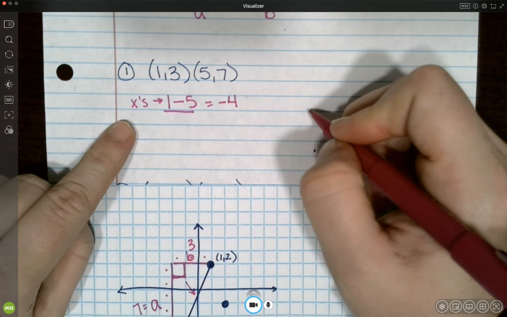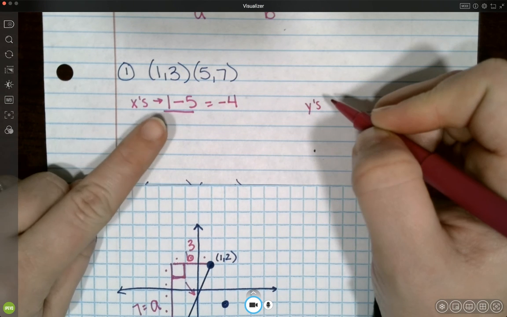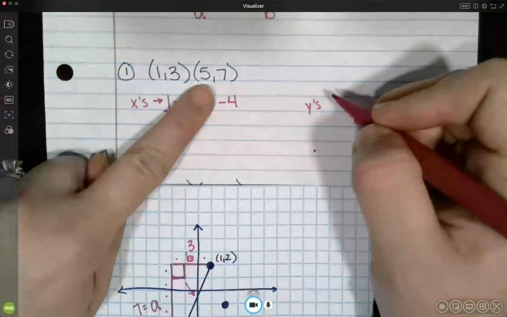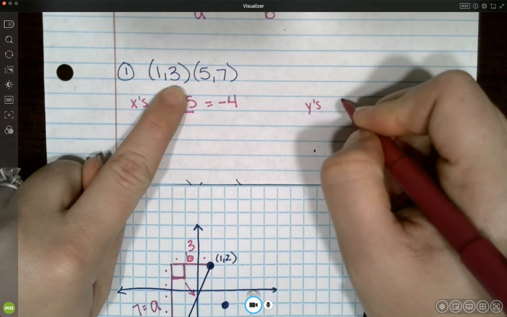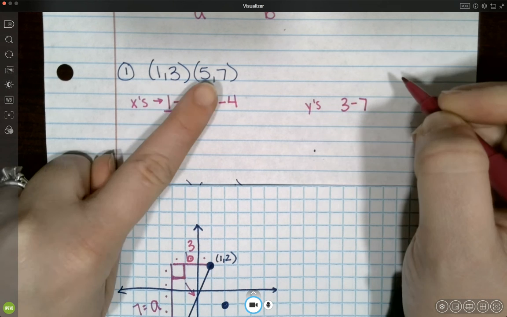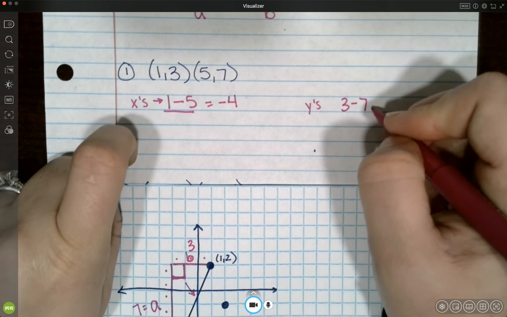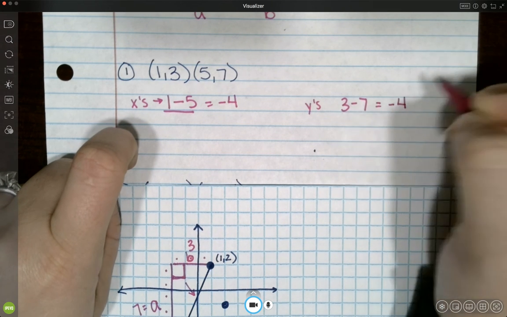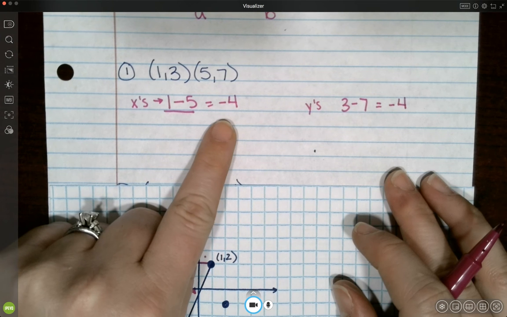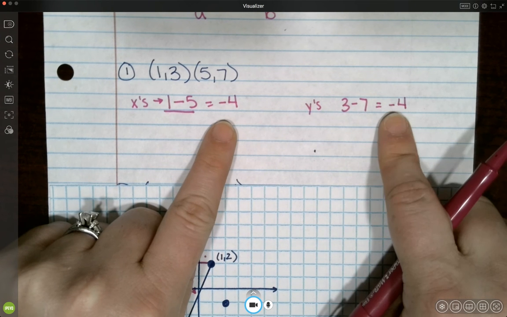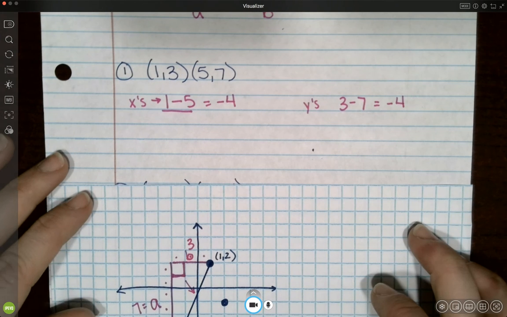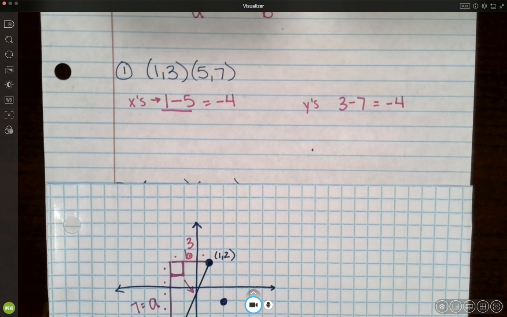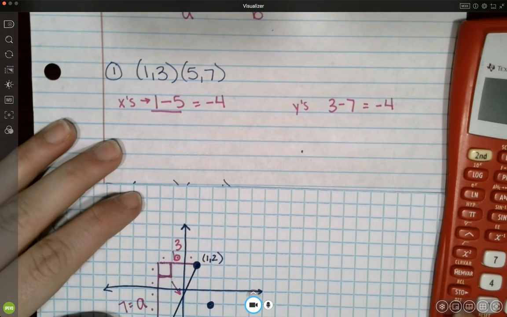Now I'm going to subtract my y's, and I have to do it in the same order. So because I did 1 and then 5, I have to do 3 minus 7. Now I could have done the other direction, but 3 minus 7, which equals negative 4. Okay, so when I subtract my x's, I subtract my y's. And now what I'm going to do is I'm going to plug these in to my Pythagorean theorem, and then we're going to get our handy-dandy calculator out, and we're going to do the work.